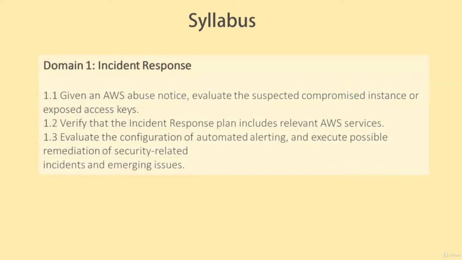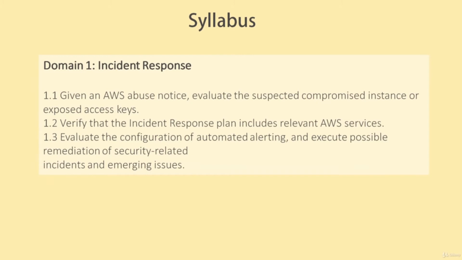The incident response would cover different topics. If we have an abuse notice, we have to evaluate those things. We have to evaluate the suspected compromised instance or exposed access key. We have to prevent exposure of the access keys and find the suspected instances, and we need to fix it.